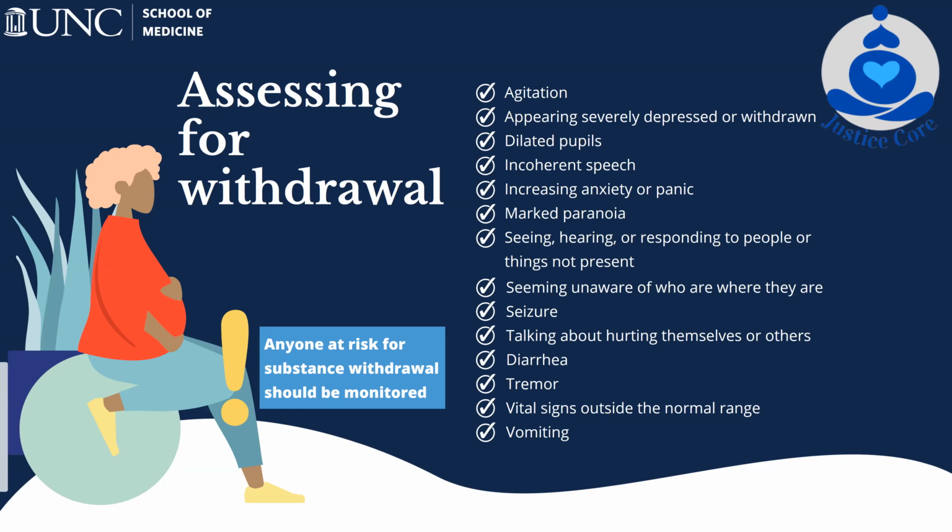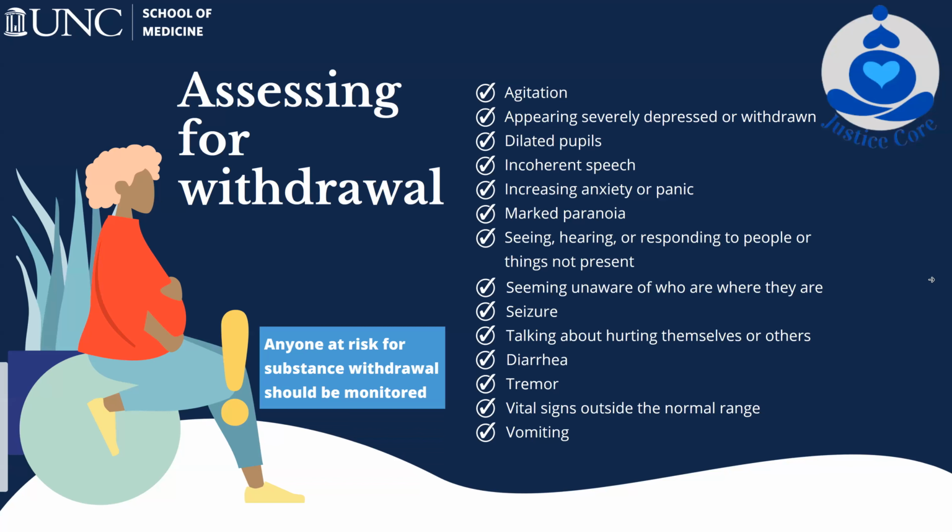Increased anxiety or panic. Anxiety can look like excessive worrying, someone sweating, heart palpitations. Examples can also include paranoia or substance-induced psychosis. Individuals may report or endorse seeing, hearing, or responding to people who are not present.